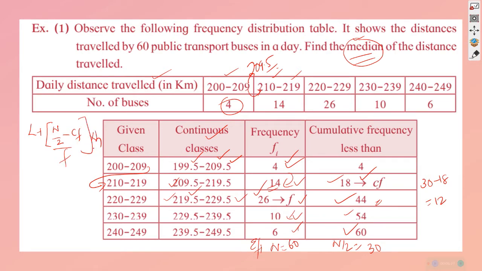This was the formula, and we will substitute the values in that. The lowest value of the median class is 219.5, and naturally the square bracket will start. n upon 2 is equal to 30. We know that n is 60, n upon 2 is 30, and the cumulative frequency of the class just below the median class is equal to 18.